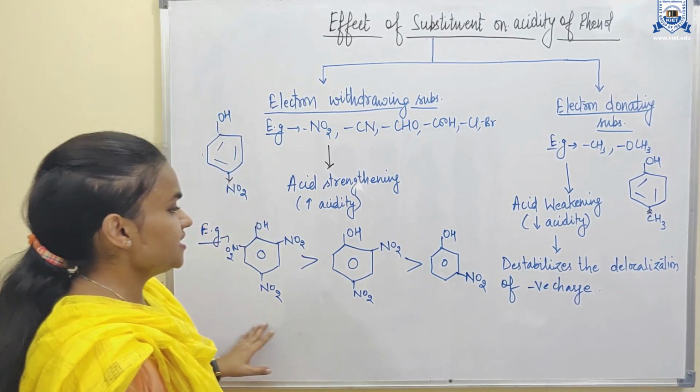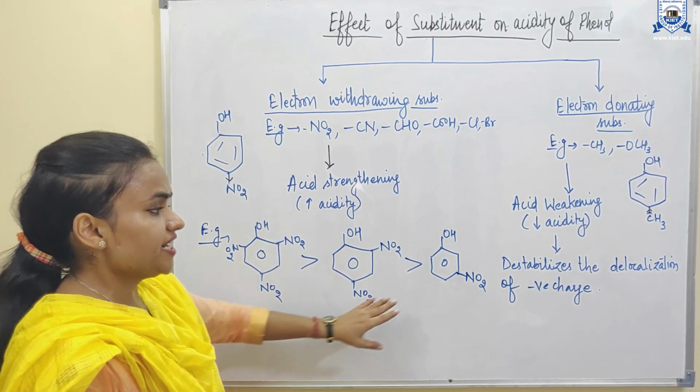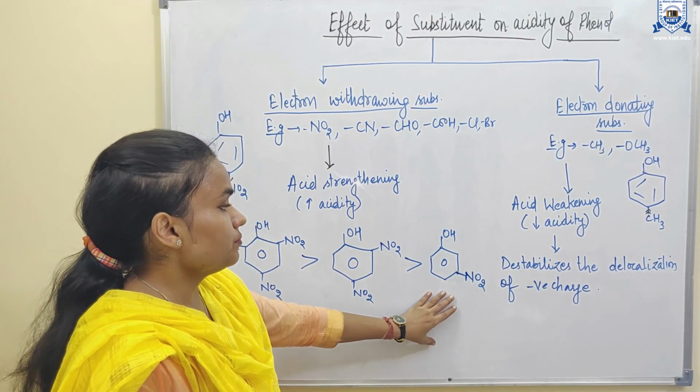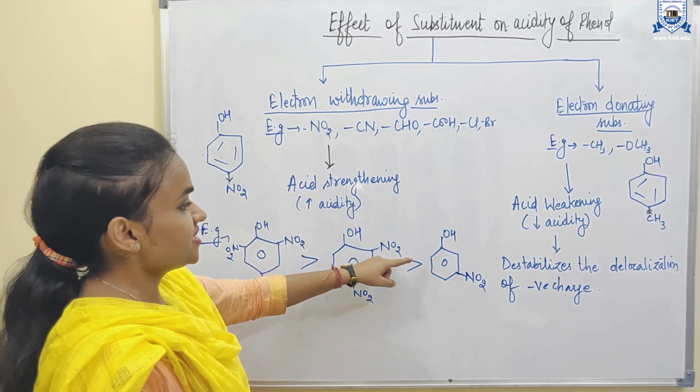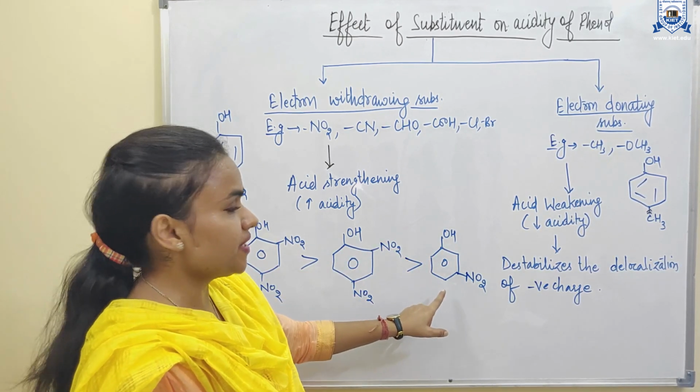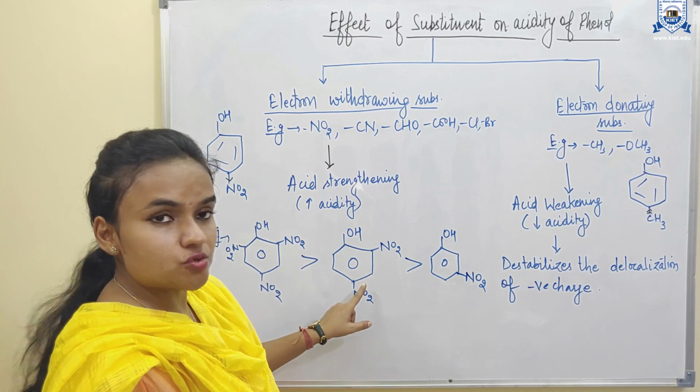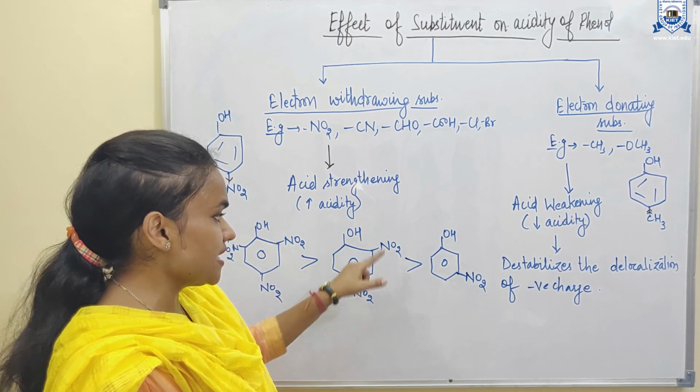So it is less acidic in this structure because the nitro group is at meta position, because the phenoxide ion increases the negative charge at ortho and para position. So the presence of a substituent at ortho and para position stabilizes the ring.